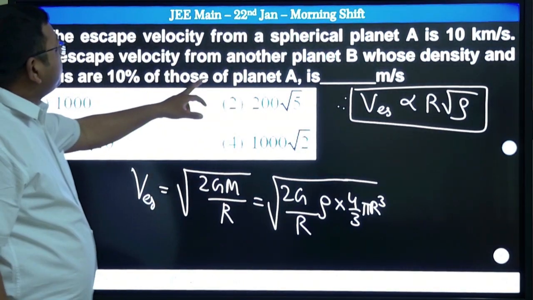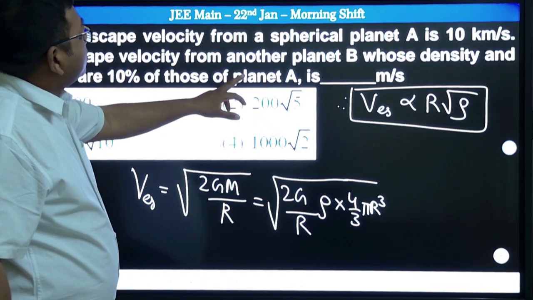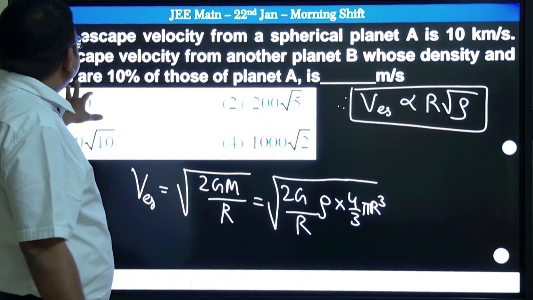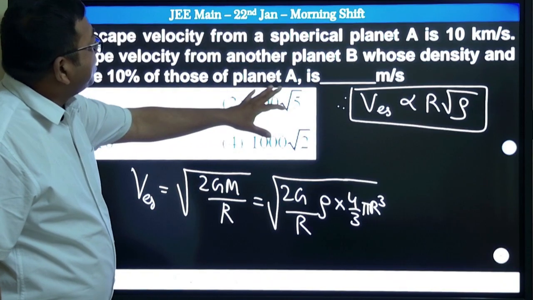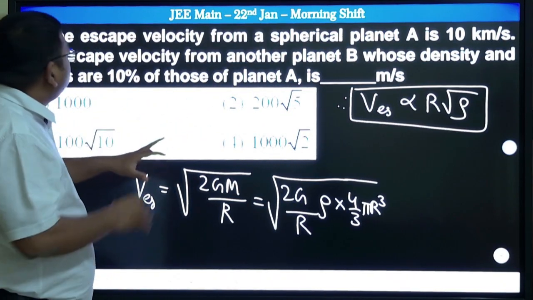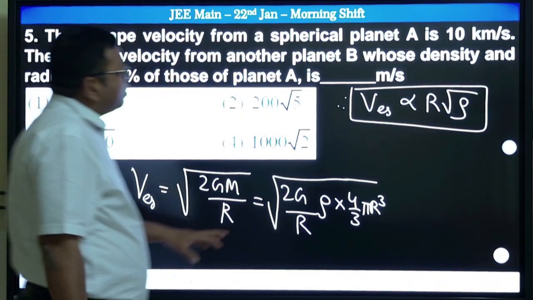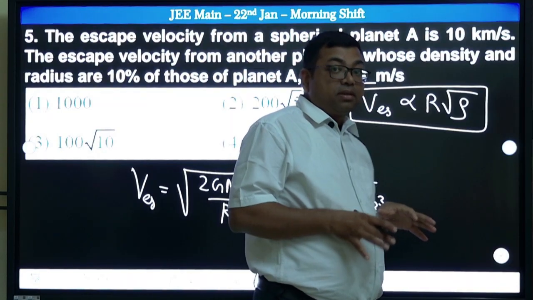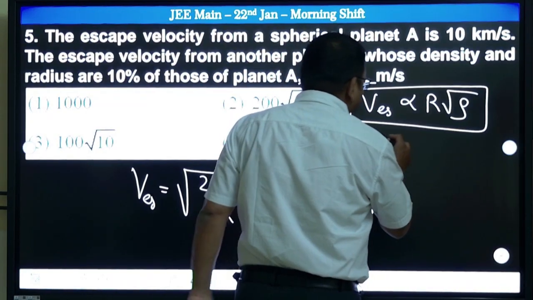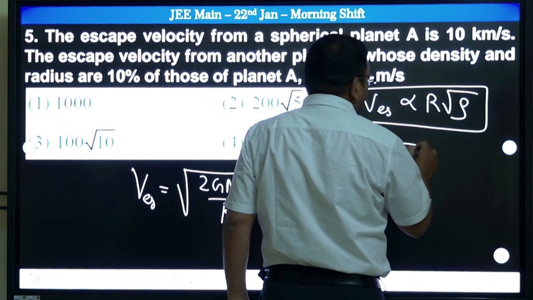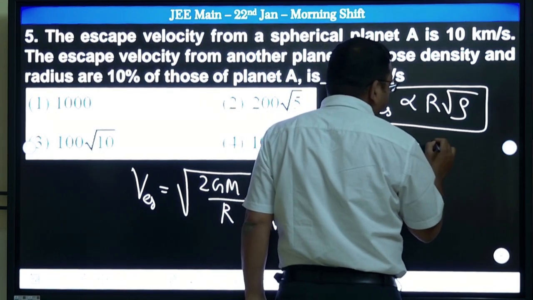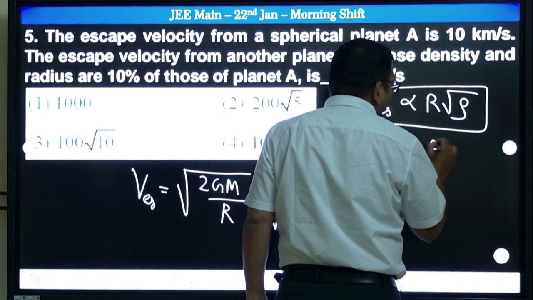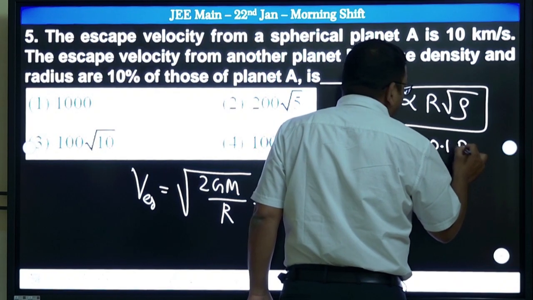What they are saying is that the escape velocity of the first planet is given as 10. The escape velocity from the other planet whose density and radius are 10% of those of the first. So density and radius both are 10%. What does that mean? 10% means 0.1, so 0.1 times r.